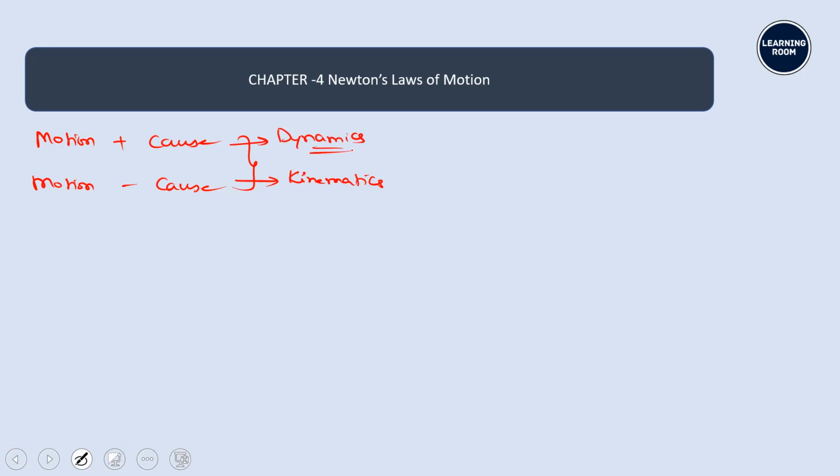And here comes an important point in this chapter: Newton's laws of motion fall under the branch of physics called dynamics, because in this chapter we will be discussing motion as well.